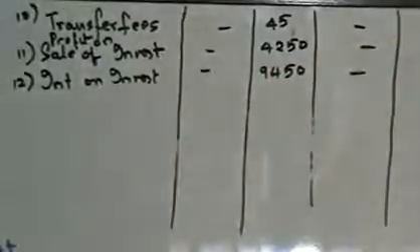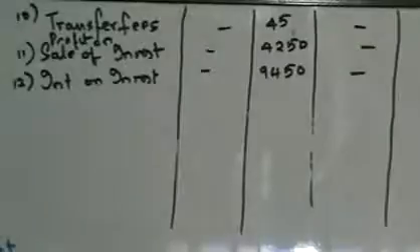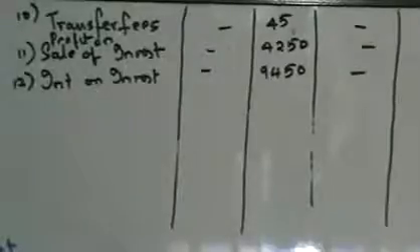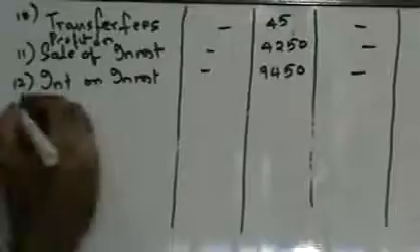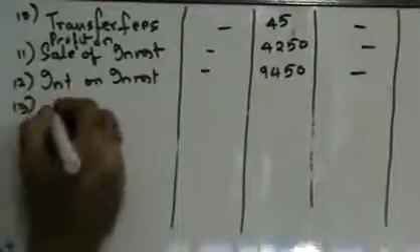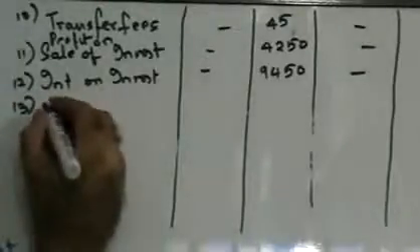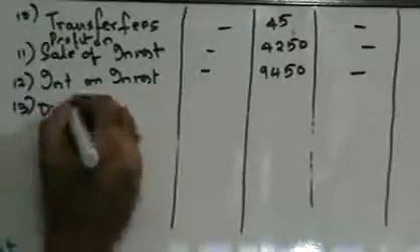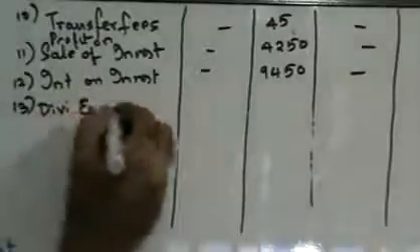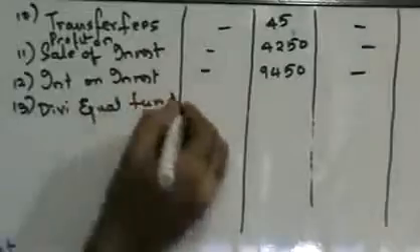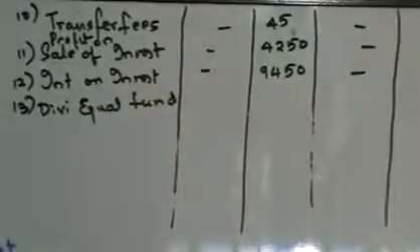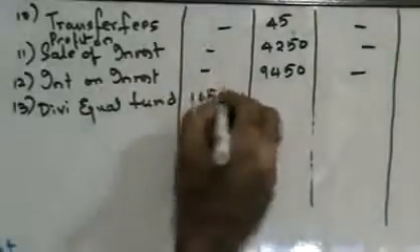Right? The following appropriations have been made before arriving at the profit of 6412. Let's see. Transfer to dividend equalization fund. Expense, debit expenses and losses, 10,500.